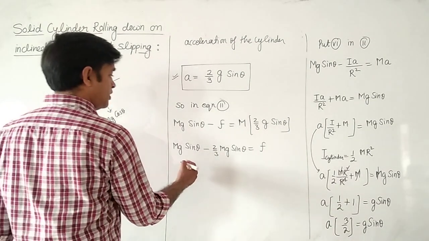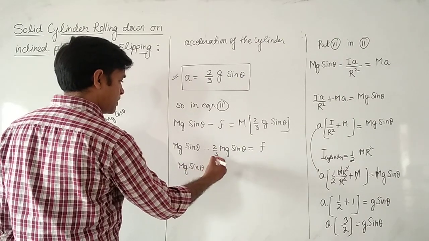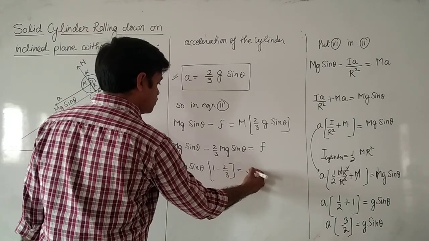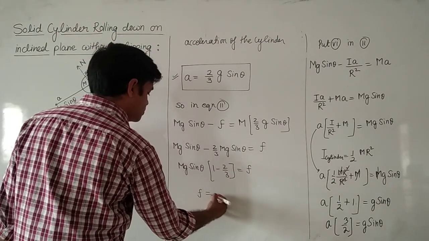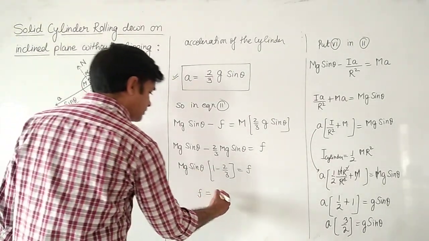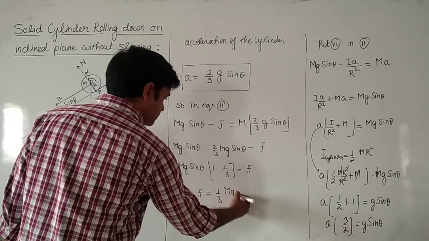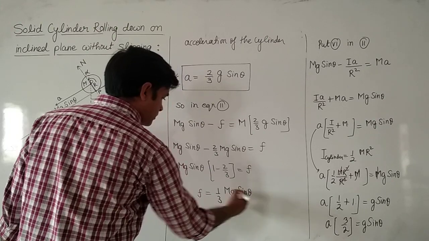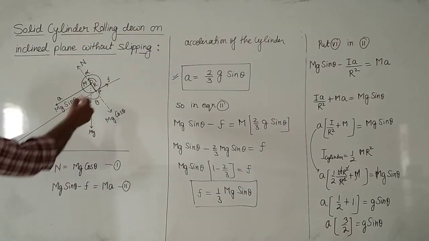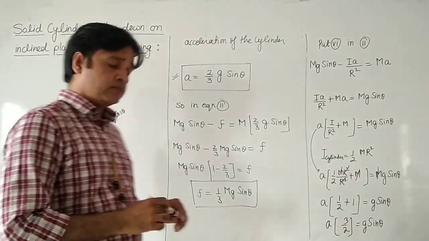Taking common mg sin theta, 1 minus 2 by 3 equals F. So F equals 1 minus 2 by 3, which is 1 by 3 mg sin theta. This is the frictional force between the surface of the cylinder and the surface of the inclined plane. Please note down.